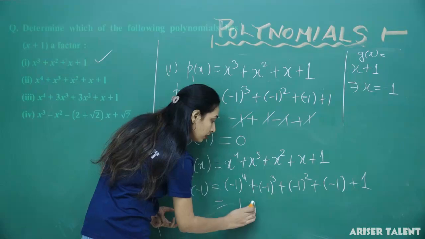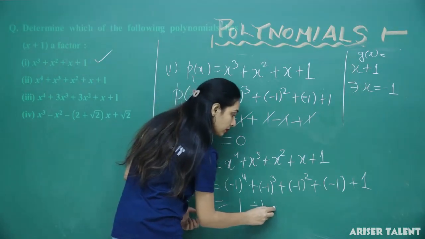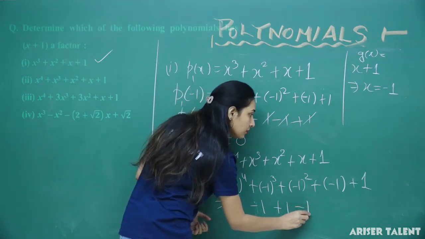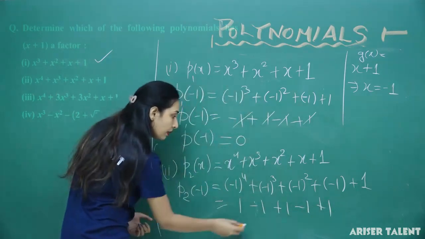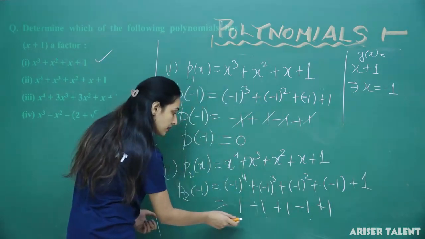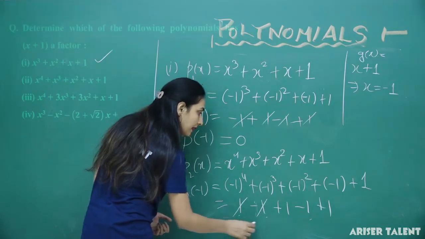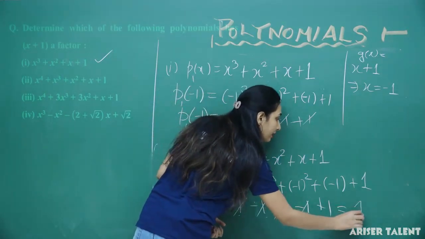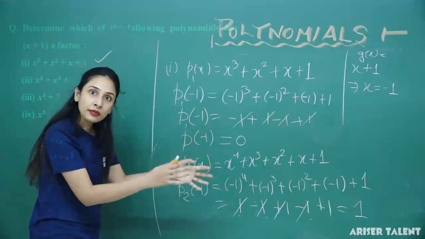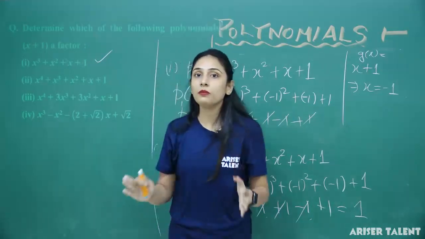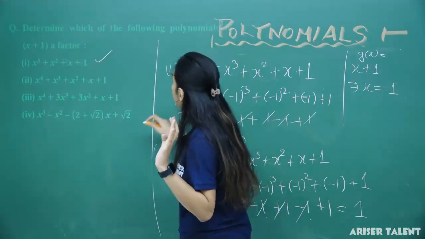So, 1 minus 1 plus 1 minus 1 plus 1. So, minus 1 2 plus 1 2. So, that will cancel with this, that will cancel with this, what will we get? 1. We get something which is not 0, that means this is not a factor.